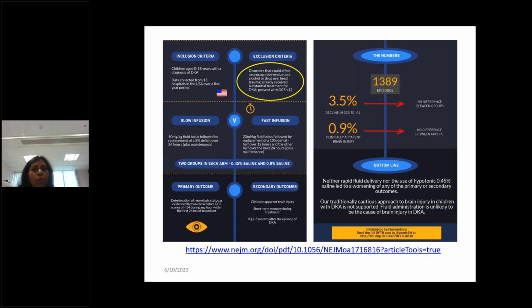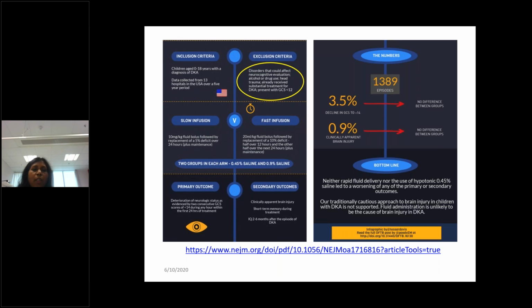So in the slow infusion group, they gave 10 mL per kilo fluid bolus, and then they replaced the 5% deficit over a period of 24 hours. Whereas in the fast, they gave them a much higher bolus, and they replaced the fluids based on the 10% deficit, half of it within 12 hours, and then the rest over the next 24 hours.